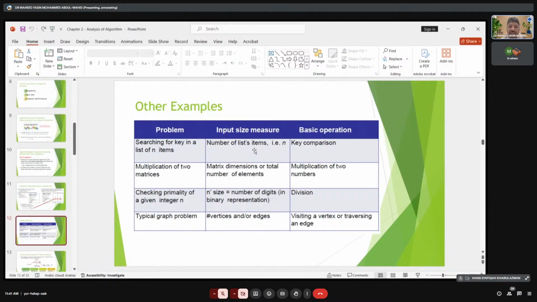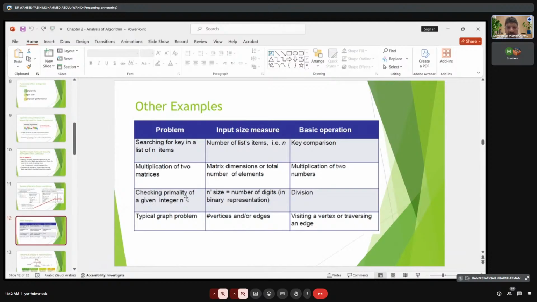Number of list items is n. Multiplication of two matrices: the input size is matrix dimensions or total number of elements. The basic operation is multiplication of two numbers. In searching we have key comparison.